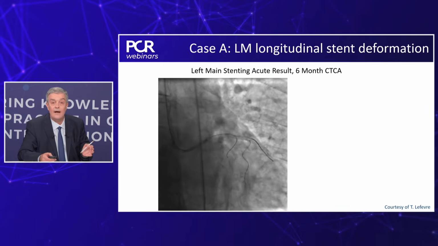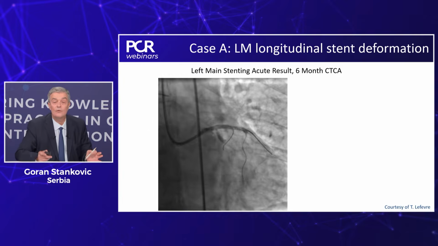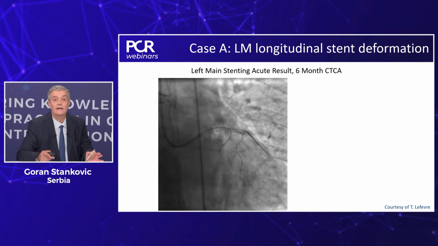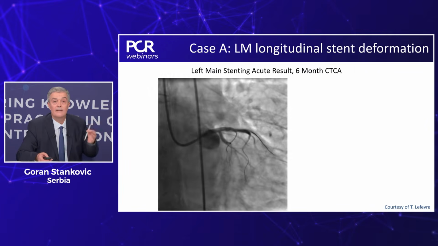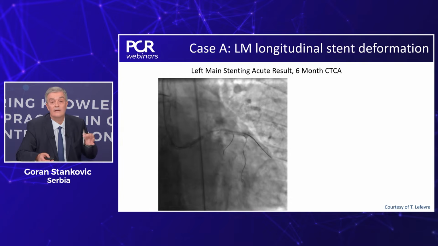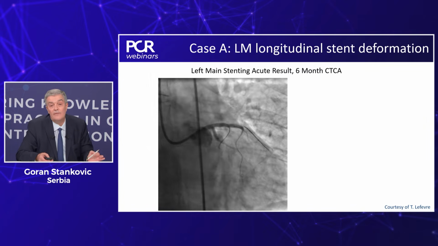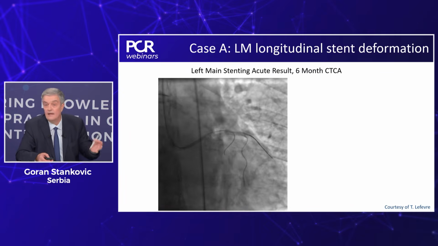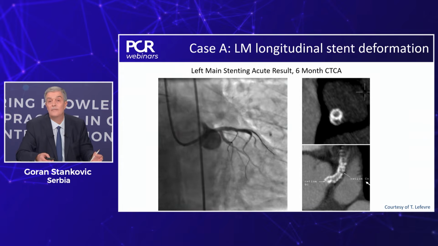And the second one, again very frequent. I'll show again two cases, though it's not really a case, it's just an illustration. This is the angio at the end of a provisional two-stent strategy for left main. Again, angiographically, I think it looks very nice. And this is the CT after 6 months.